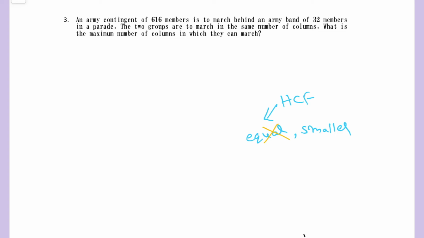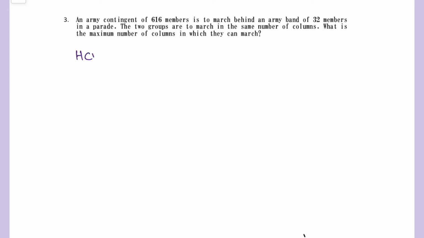Because if I arrange 616 members in some groups or parts, then the number of people in that group or column should definitely be smaller than 616 as well as 32. Only then that case is possible. So now we need to find the HCF of these two numbers. We already know how to find HCF by Euclid's division, so let us do that.